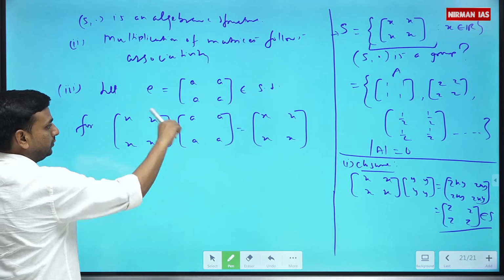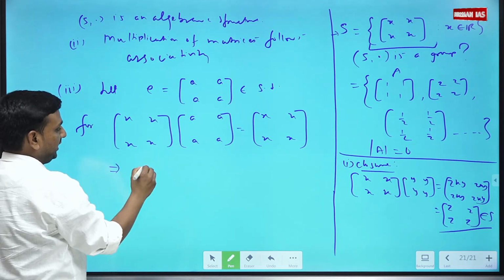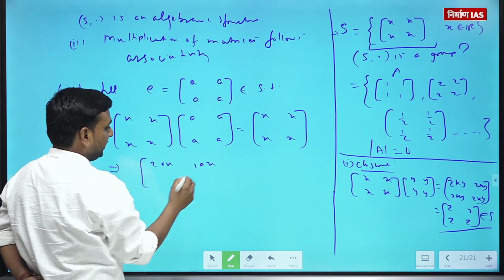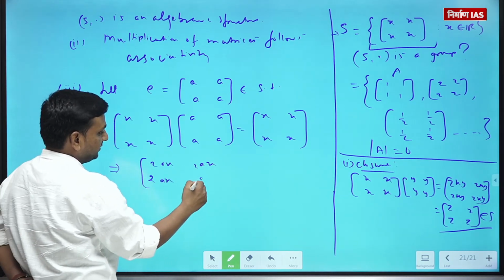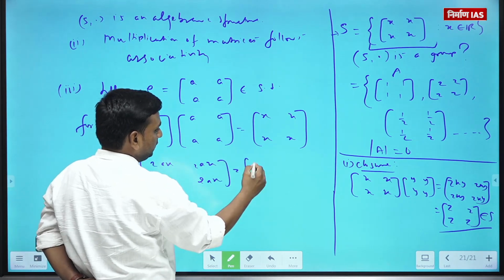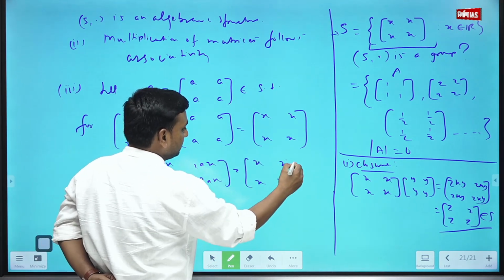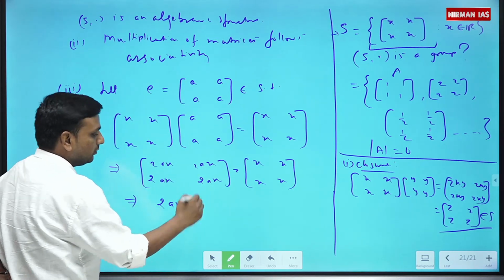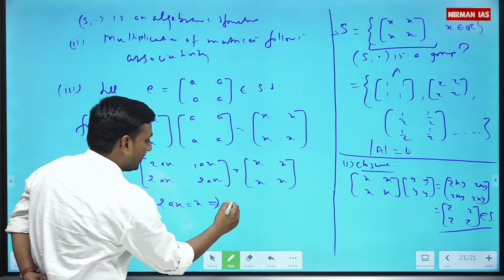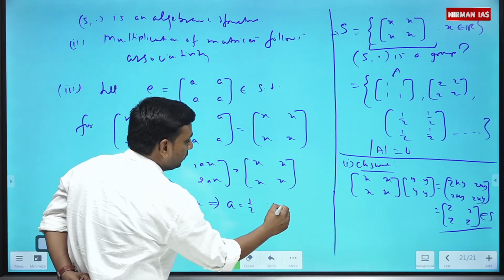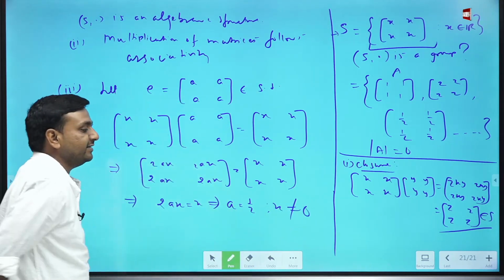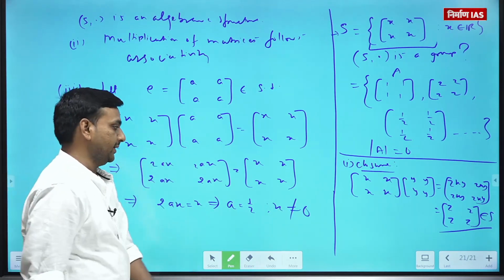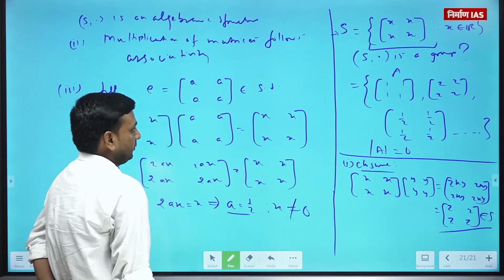Is that clear? So multiply: ax plus ax, 2ax in every entry. It must go to x in every entry. This implies 2ax equals x. This implies a equals 1 by 2, provided that x is non-zero. Otherwise, you cannot cancel x upon x here. So a is 1 by 2.